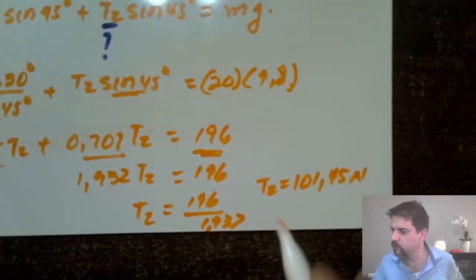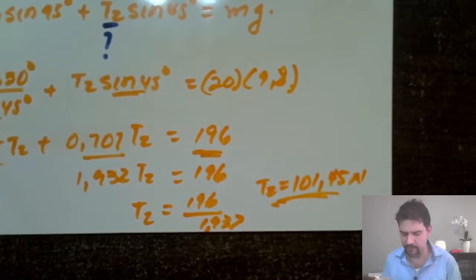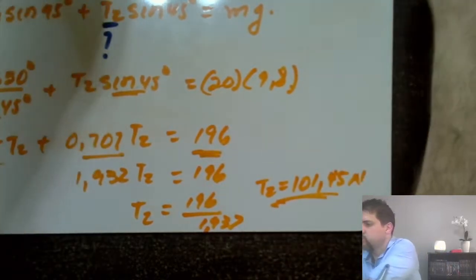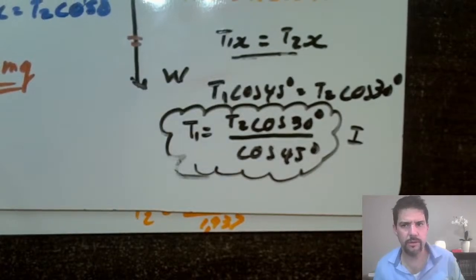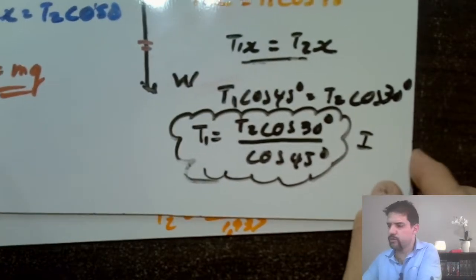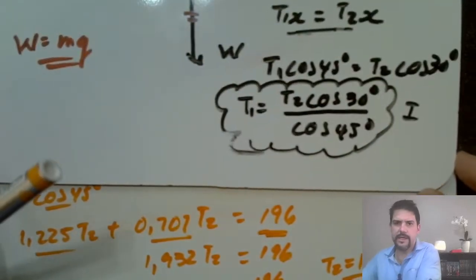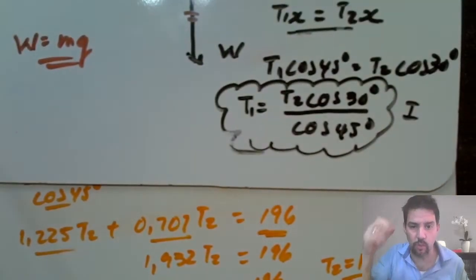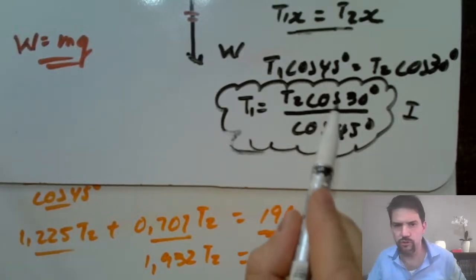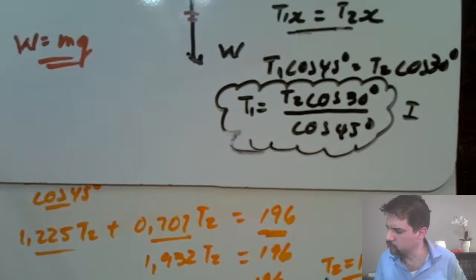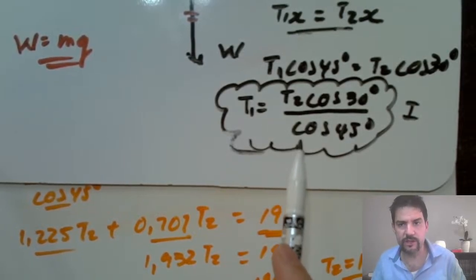Now, how do we get T1? For T1, we have to go back to this equation, and then that is how we calculate T1. All we have to do is substitute here. We have T2, which we calculated, and we substitute it in there.